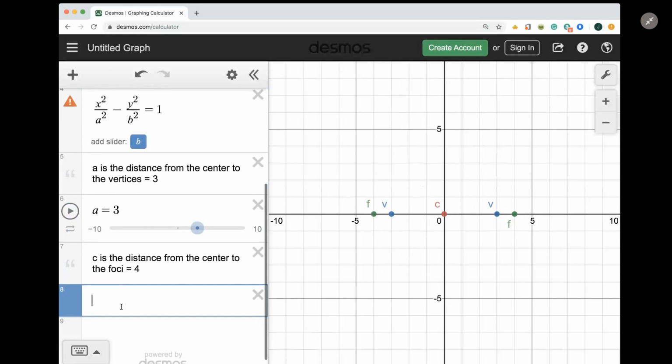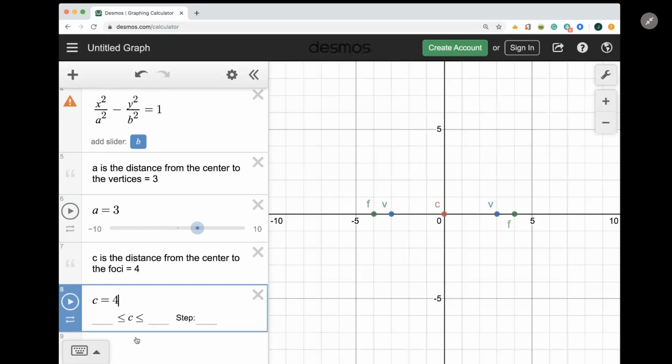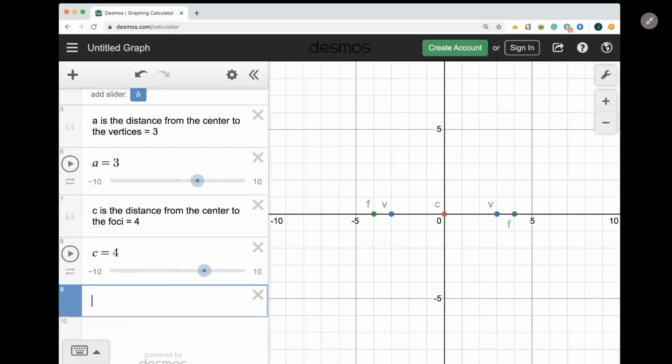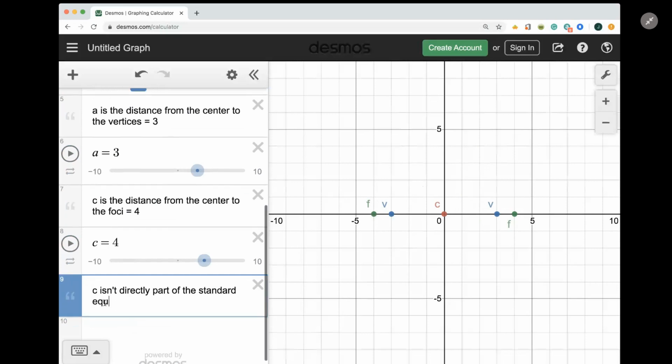That's equal to 4. So c equals 4. So that may seem useless until we realize that we need a and c, which we now have, in order to find b.